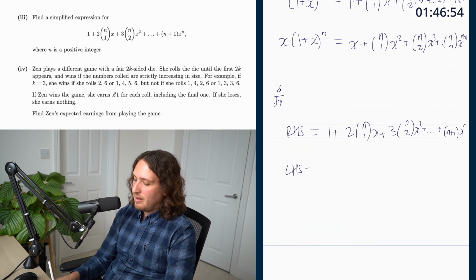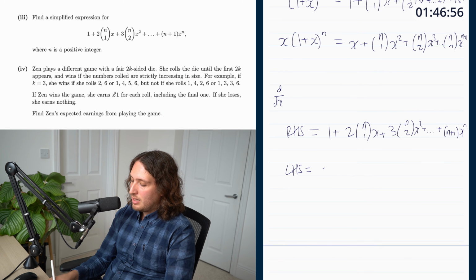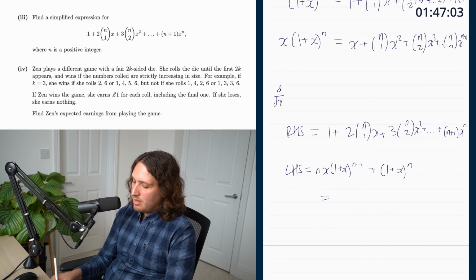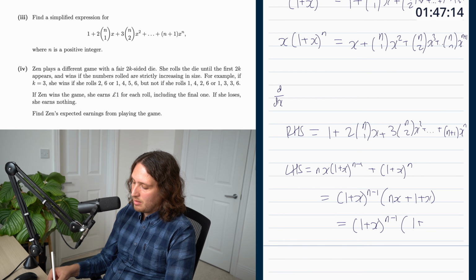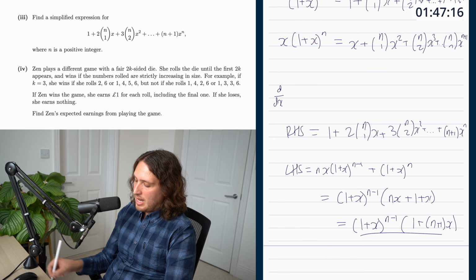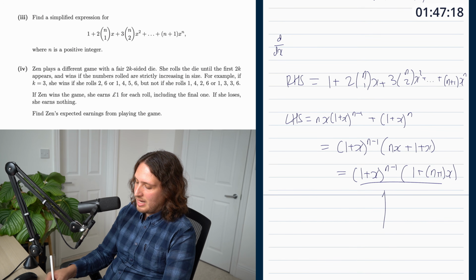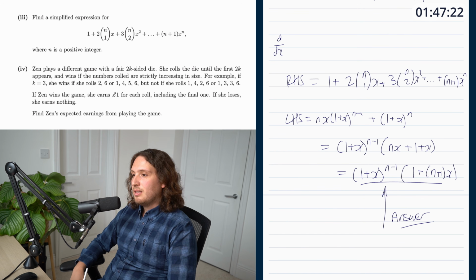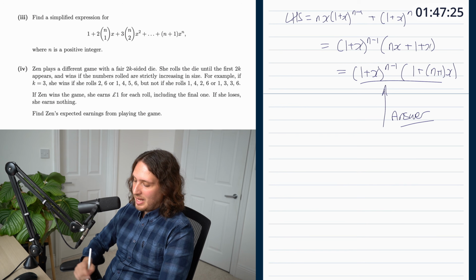And the left-hand side becomes, by the product rule, x n (1 plus x)^(n minus 1), plus (1 plus x)^n, which is (1 plus x)^(n minus 1) times (nx plus 1 plus x), which is (1 plus x)^(n minus 1) times (1 plus (n plus 1)x). So that is my answer. Okay, we're getting somewhere.